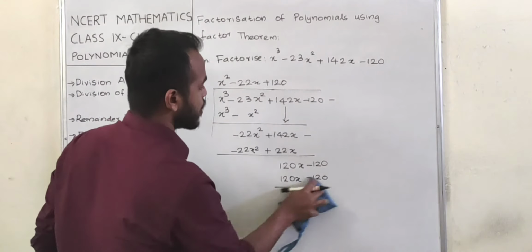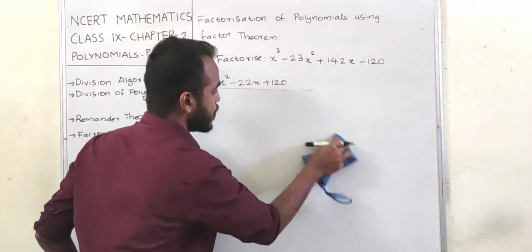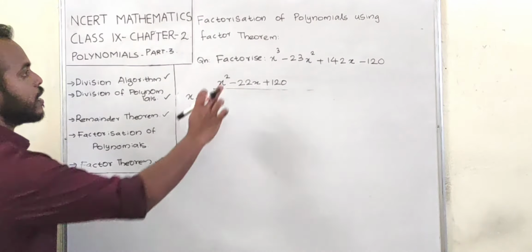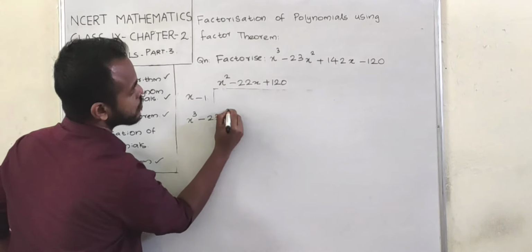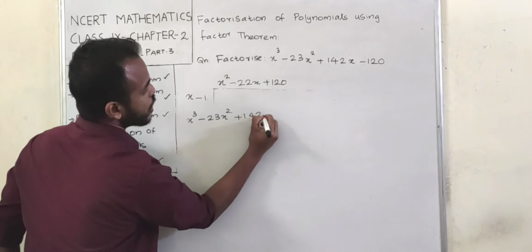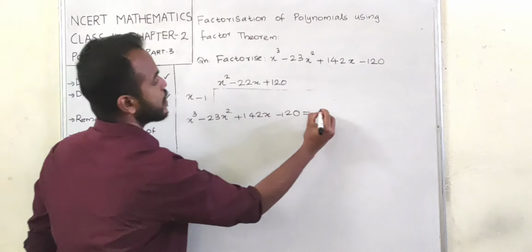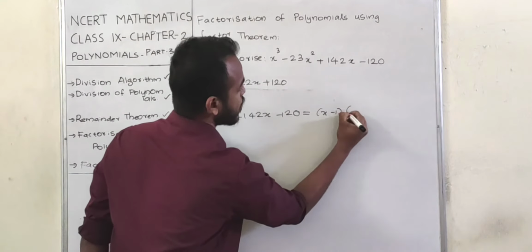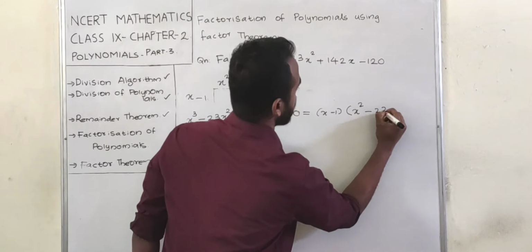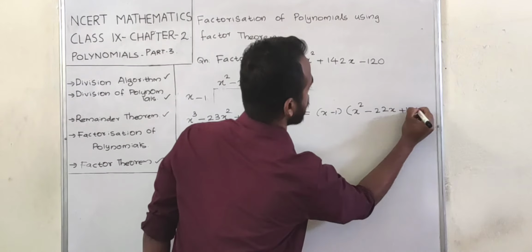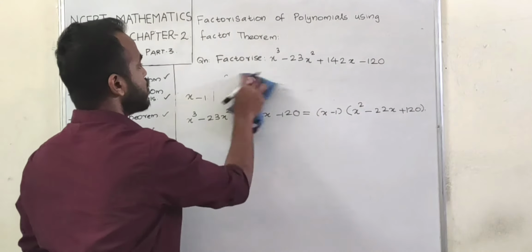So with the given details, what can you write down? What was the mother polynomial? It was x cube minus 23x square plus 142x minus 120. That can be written as x minus 1 into the quotient x square minus 22x plus 120. I hope you understood well here.